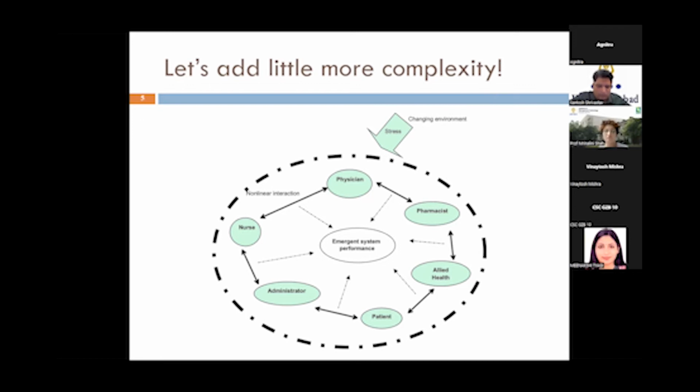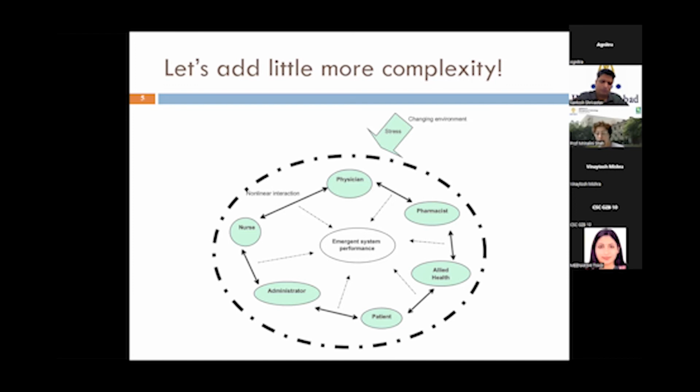The goal is higher than that. So elements form systems. In supply chain also, different entities are different elements, and they collectively form systems. Complexity we cannot avoid, so this is a complex system.